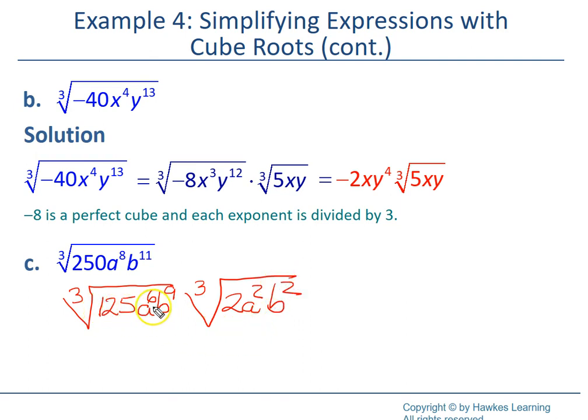So now these are perfect cubes, and this is everything that's not a perfect cube that's left over. So this is going to be 5, and now we're dividing these exponents by 3. A squared, b to the 3rd, the 3rd root of 2a squared b squared. And that's my answer.